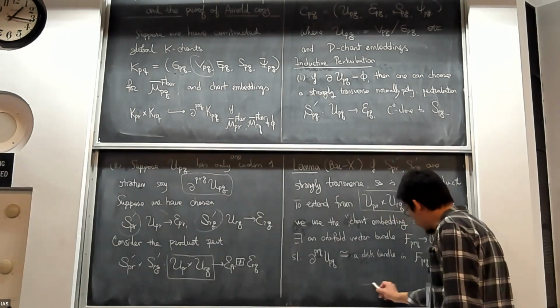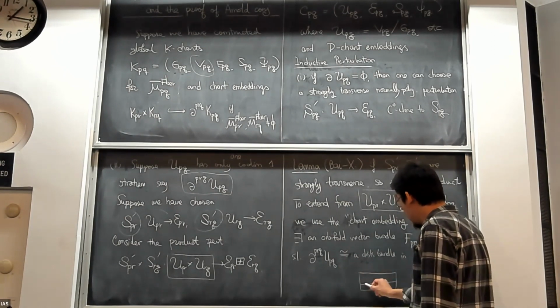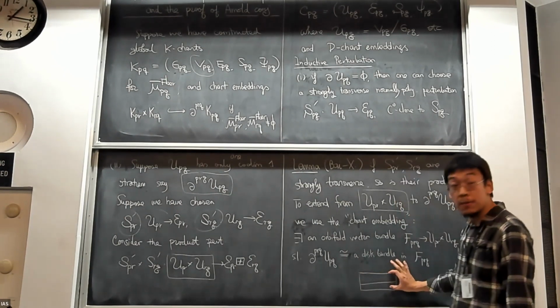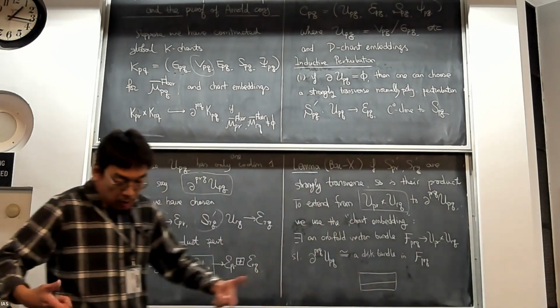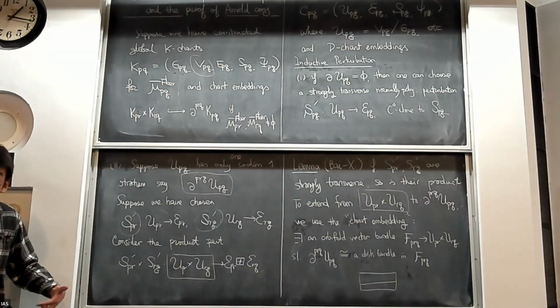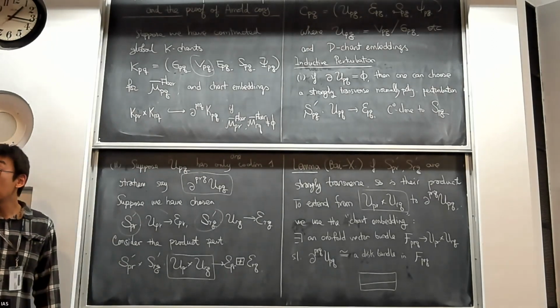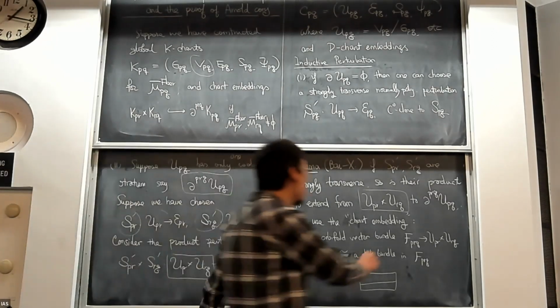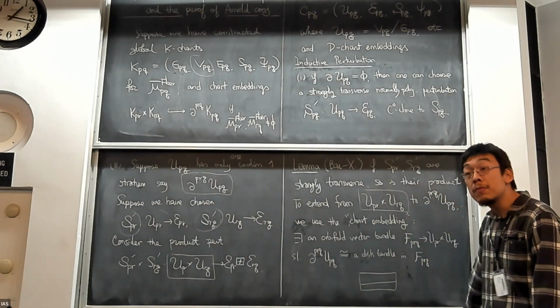So in other words, the boundary is thicker than the product because you include more parameters. So this bundle is higher dimensional. This for me is usually two-dimensional.